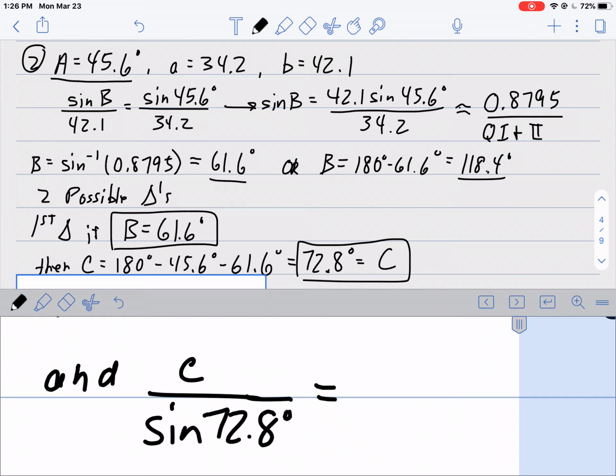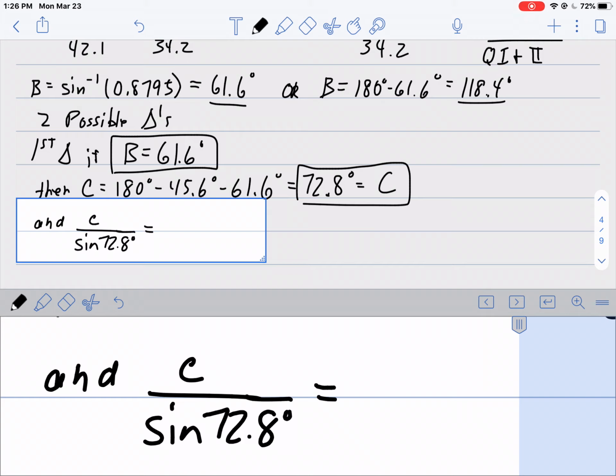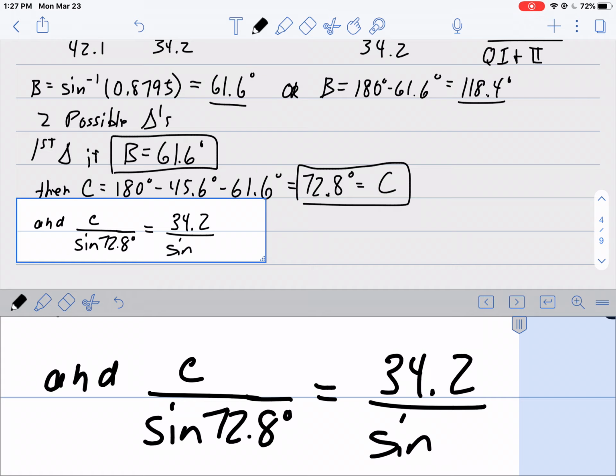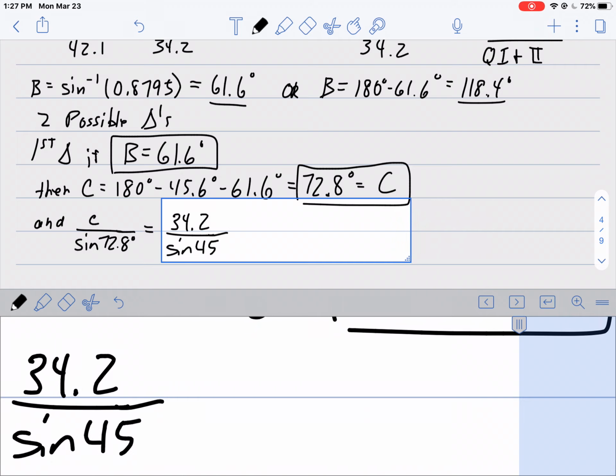So I'm going to set that equal to the ratio of 34.2 over the sine of 45.6 degrees. All right, so that's our A over sine A from the initial problem.